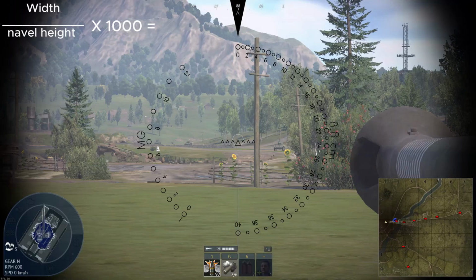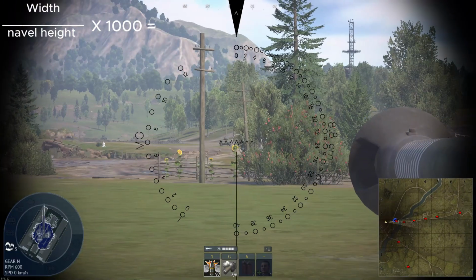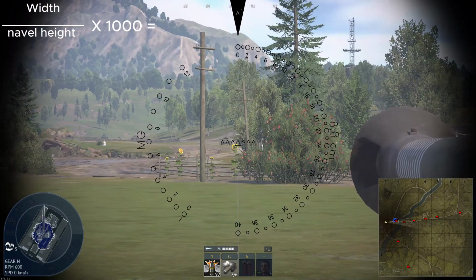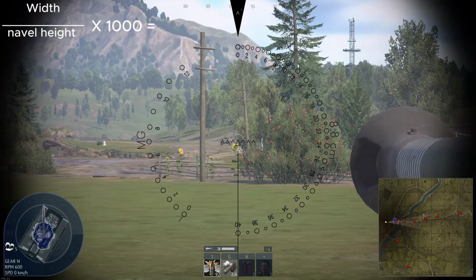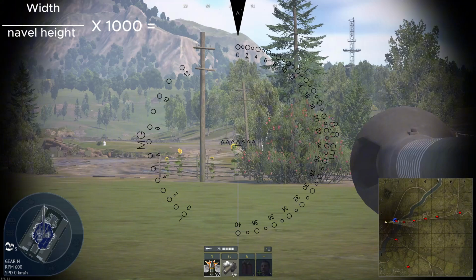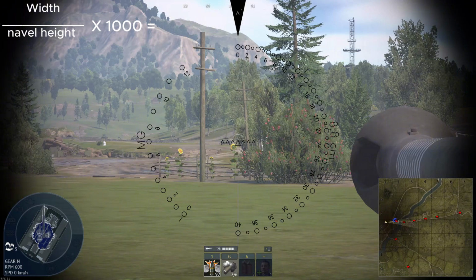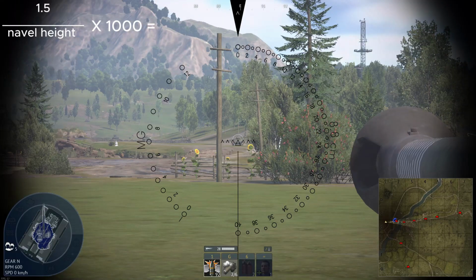In order to find the width, we set up our triangles like on the screen. Also, something I forgot to mention earlier is that this method works a lot better when your enemy is facing you or you're looking at them from behind. This vehicle is 1.5 units wide, so we put a 1.5 in the equation. Next is the naval height.